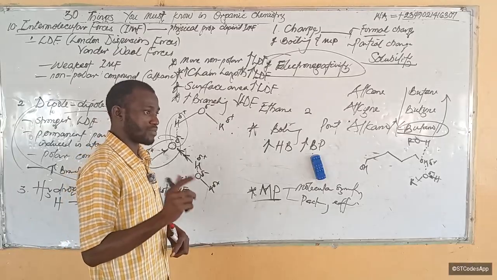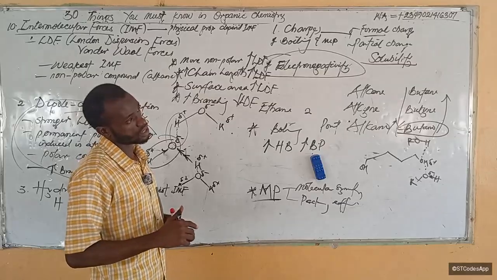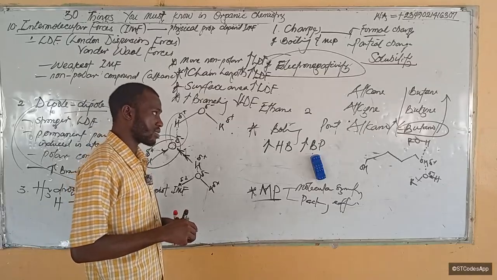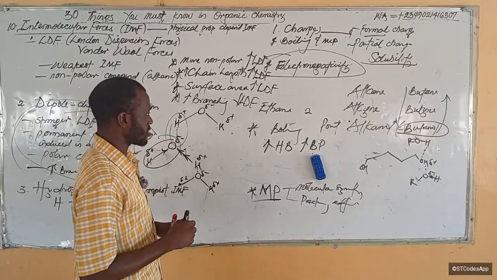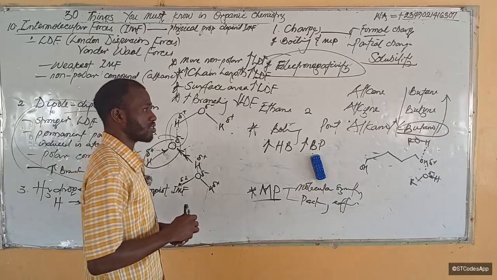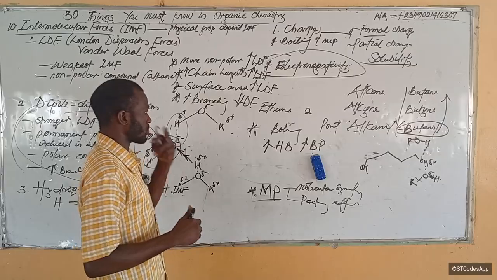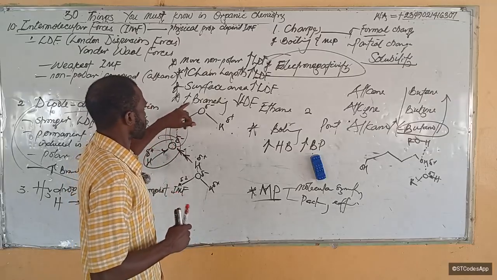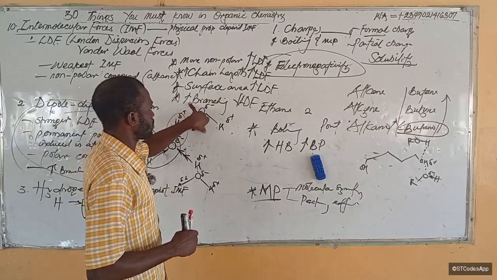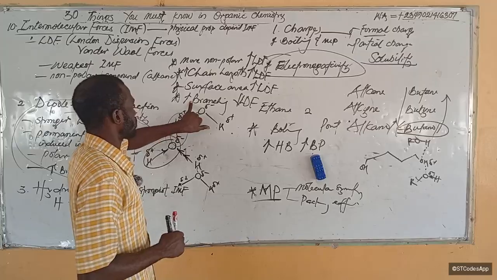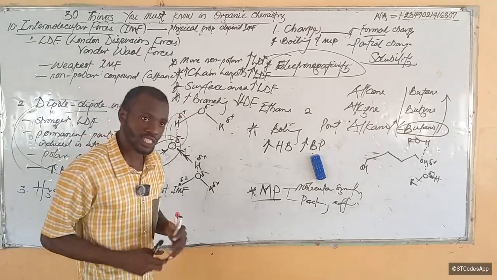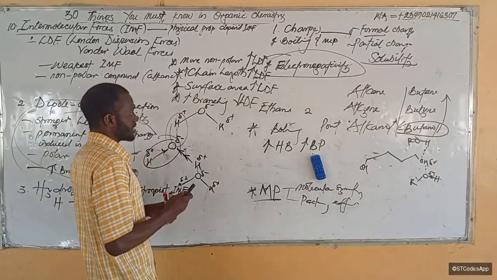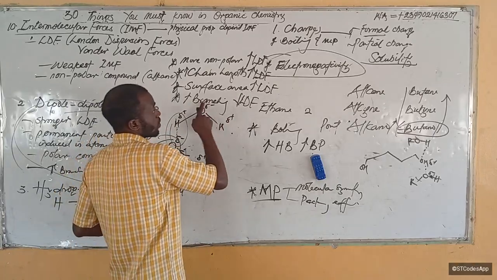Exactly. The higher the branching, is it the higher the branching, lower the boiling point? Branching, what does branching do? Yes, the higher the branching, the lower the boiling point. The higher the branching, the lower the boiling point.